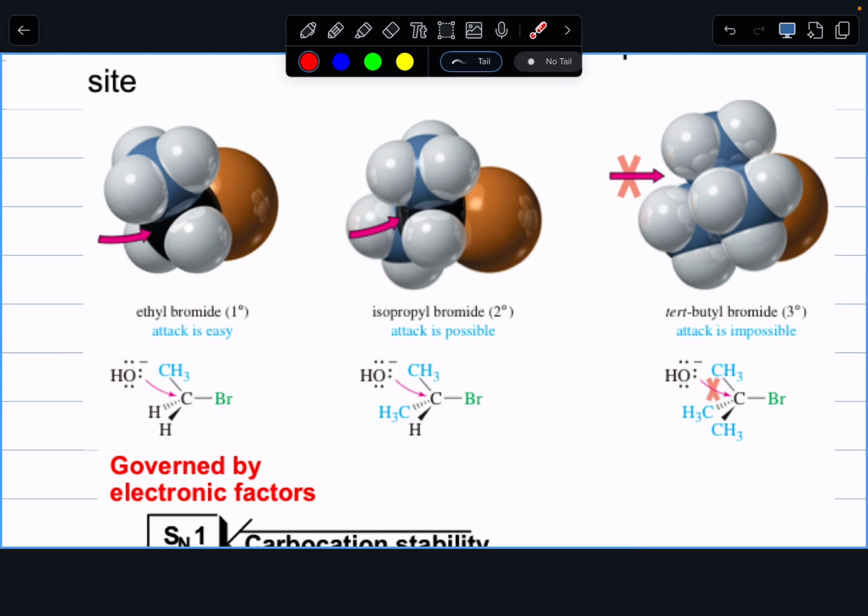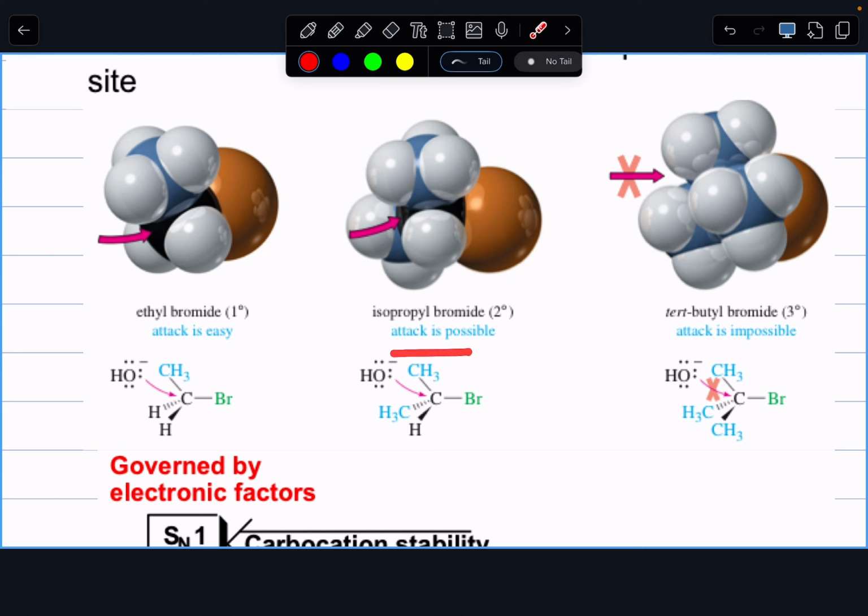They all occupy that area. So whenever you have a smaller group, like in this case at the carbon center, the OH minus or your nucleophile can more easily access the tetravalent carbon, or the black area.